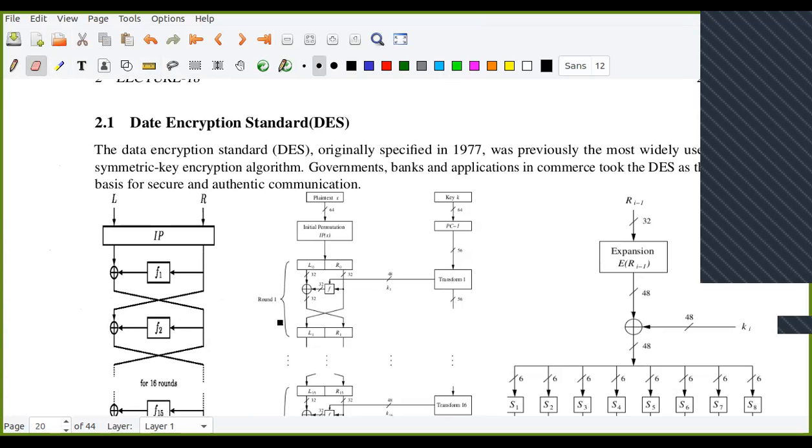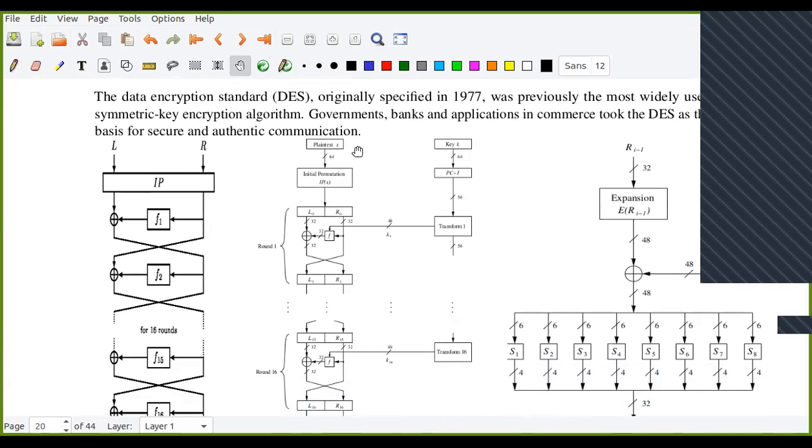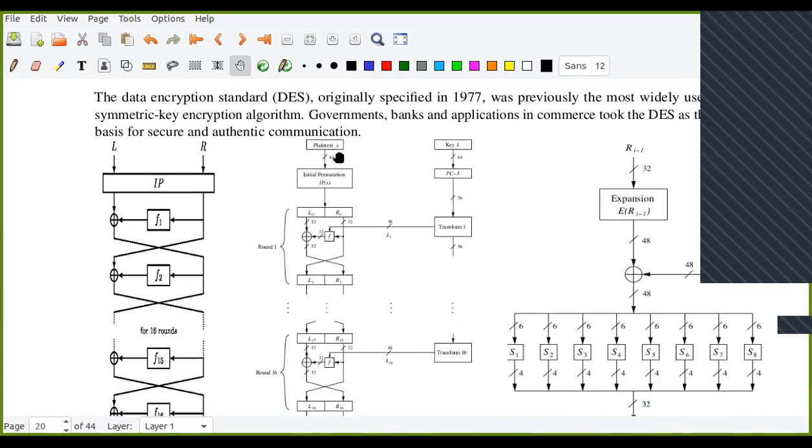Okay, see here it is given. I'll increase the size. I'm unable to increase it. Are you able to see clearly? Can somebody read what is given here? This box, plain text X. What is given here, this number? 64, I think. That's so small.